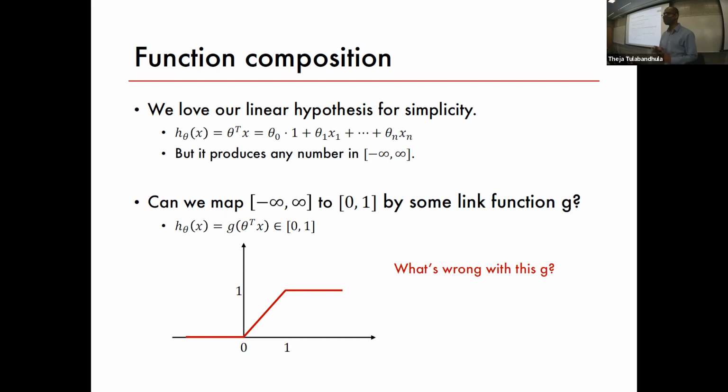But there are some issues, especially since we pivoted to gradient descent as our way of approaching and computing parameters of these models. The issue is basically that this function is continuous, which is a desirable property, but it's not smooth. So the gradient at the input values 0 and 1 is not well defined.